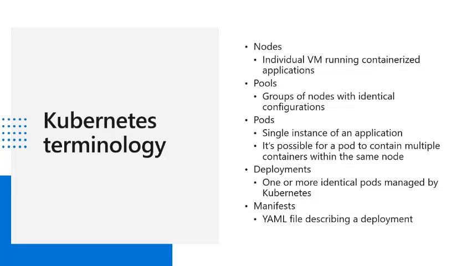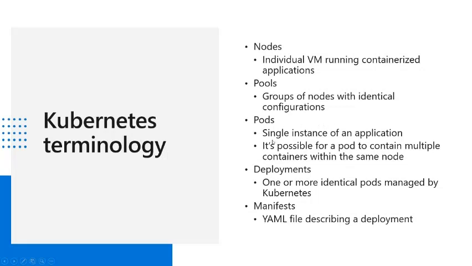Node pools: nodes of the same configuration are grouped together into a node pool. A Kubernetes cluster contains one or more node pools. The initial number of nodes and size are defined when you create an AKS cluster, which creates a default node pool. This default node pool in AKS contains the underlying VMs that run your agent nodes. So a pool is simply a grouping of nodes with identical configuration.